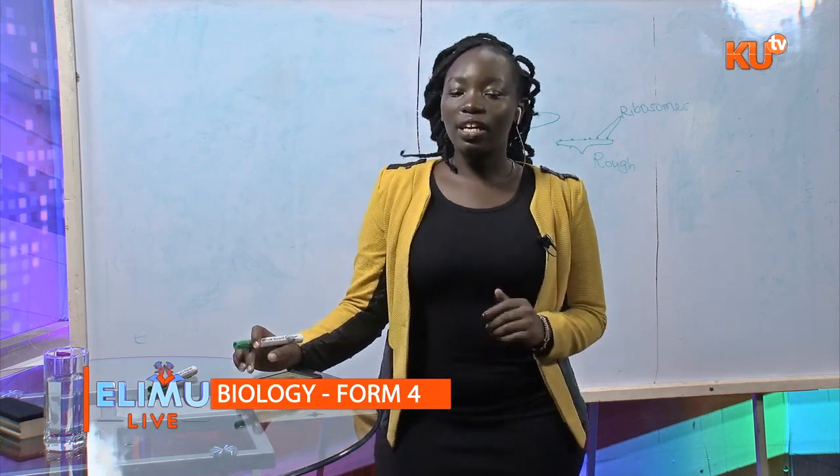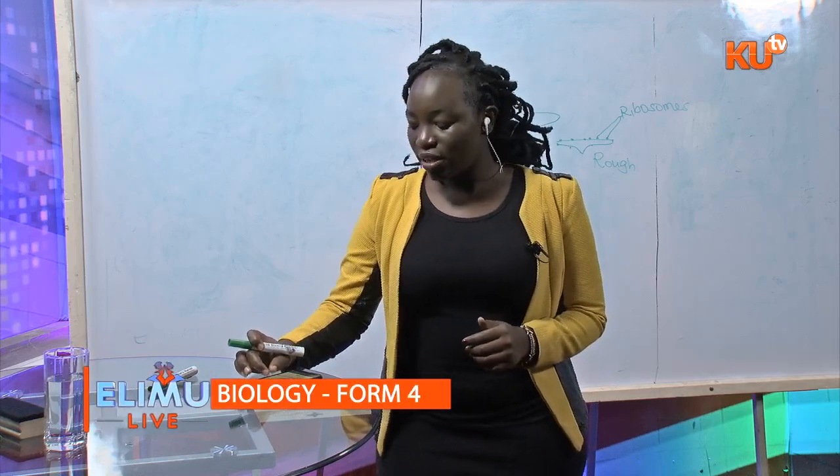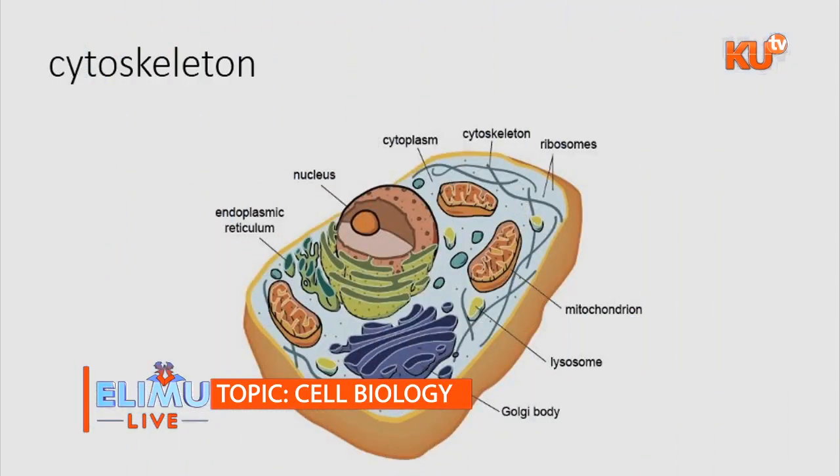I'm going to give you the structure of a cytoskeleton, what it looks like, so that you can have it in your mind. The next slide has the structure of a cytoskeleton. As we project it, we are seeing the cytoskeleton within the cytoplasm of a cell. I hope you're able to figure where it is.